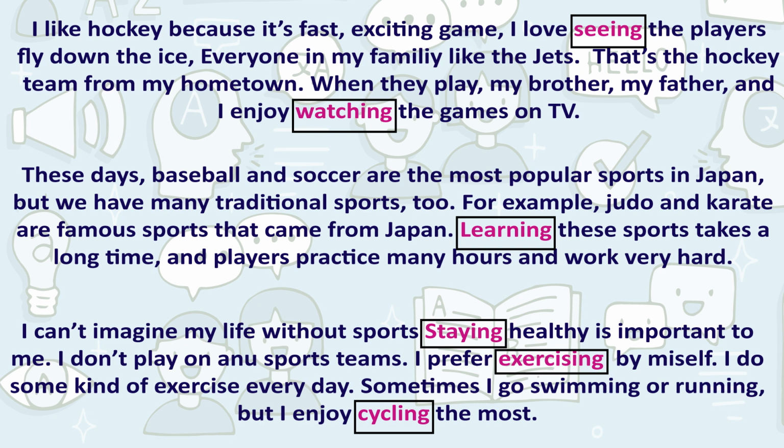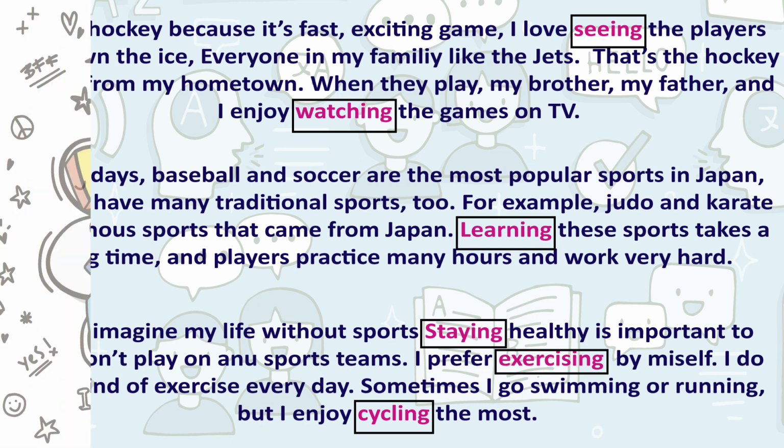Learning is acting as a subject. Staying healthy is important. Staying is acting as a subject. I prefer exercising. Exercising is acting as an object. And finally, I enjoy cycling the most. Cycling is acting as an object. You can take a look about the whole paragraphs for having a better idea about these examples.